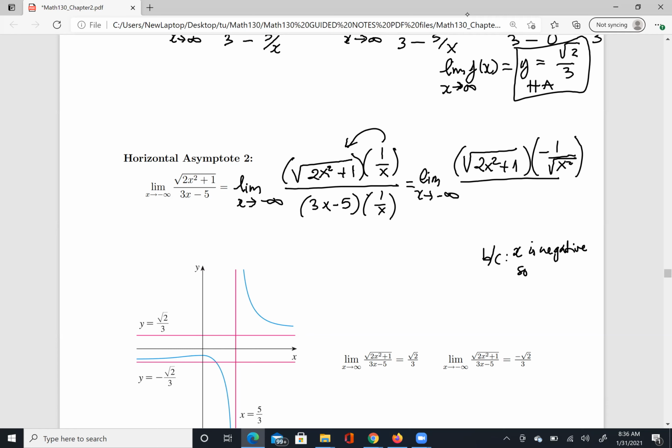So 1 over x will be negative 1 over the square root of x squared.